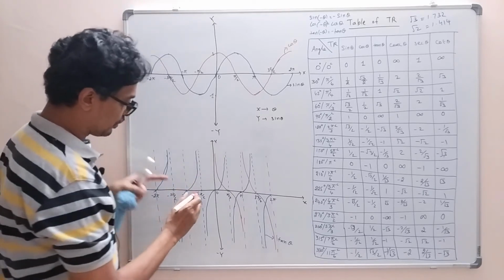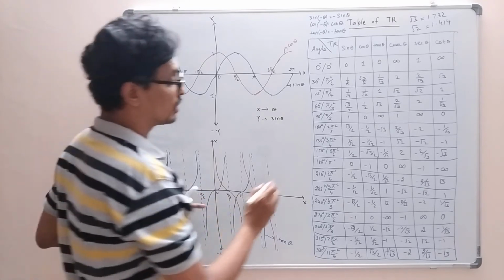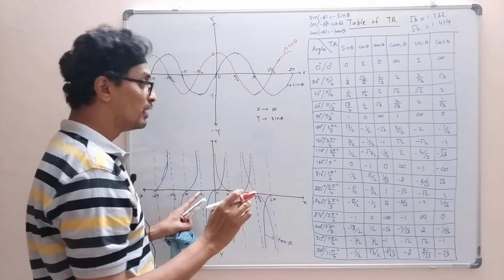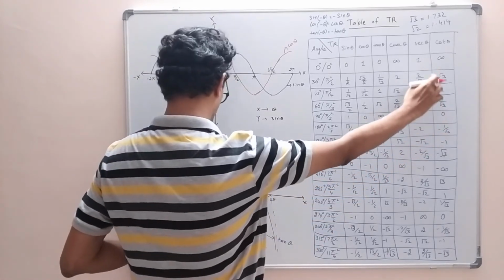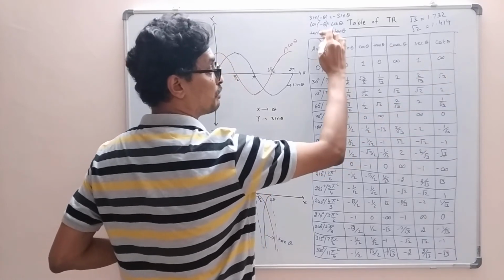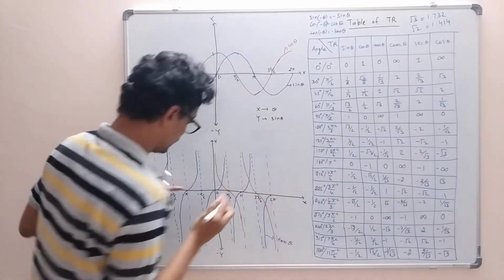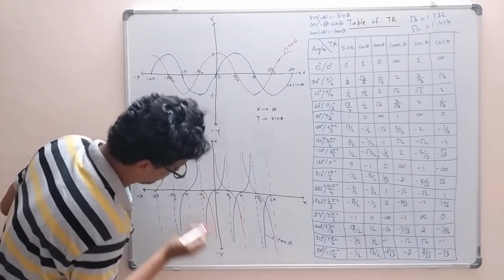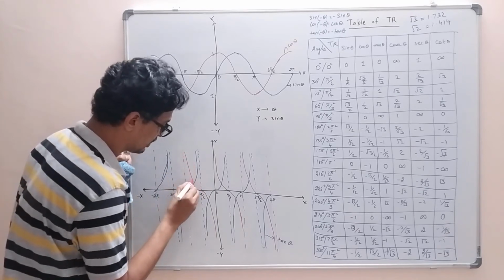Tell me. Yeah, so now cot of minus pi by 2. Cot of pi by 2 is how much? 0. So this is going to be 0. Okay. So let us go for lesser values. This is all going to be negative. Am I right? Because cot of minus theta equals minus cot theta, inverse of tan. So this is going to come like this, and then it will go like this.